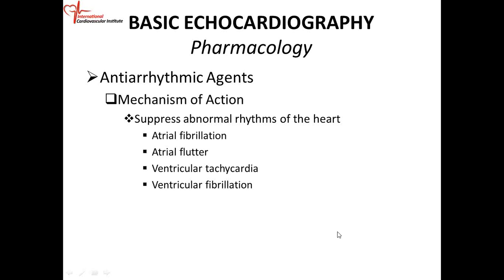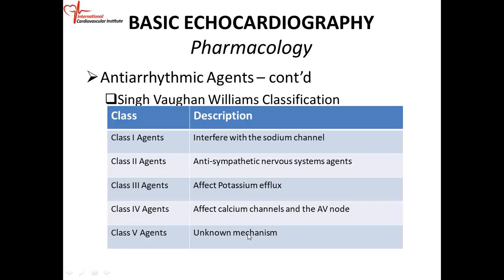Now, again, as we said, these antiarrhythmics are going to suppress the abnormal rhythms of the heart, and we divide them into supraventricular and ventricular, as outlined here. So the agents that we use, we put them in a table form, or we classify them.